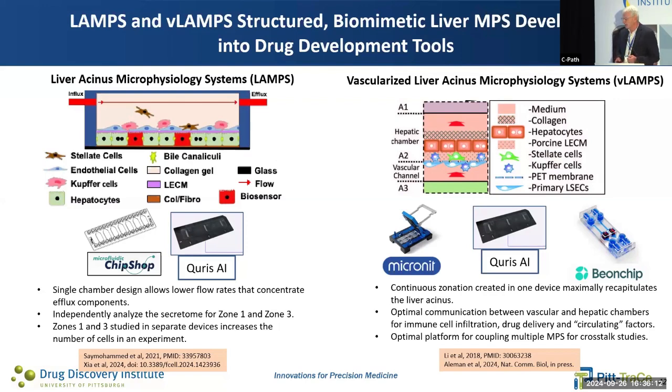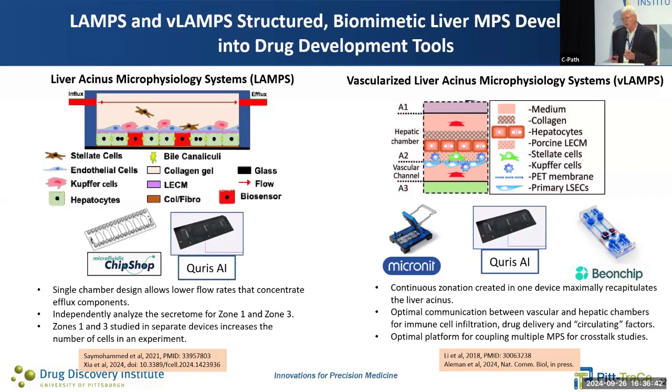The vascularized acinus liver system, the VLAMPS, is in a 2-chamber device with the same cell types, but this allows for a continuous zonation created in one device to maximally recapitulate the liver acinus. But this also allows for optimal communication between the vascular and hepatic chambers, for example, including immune cell infiltration or drug delivery or circulating factors in a more biomimetic fashion.